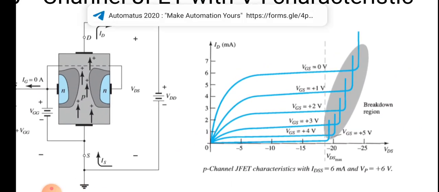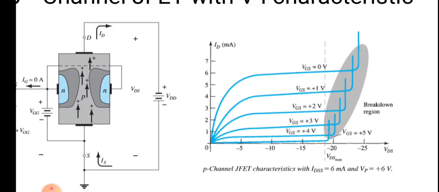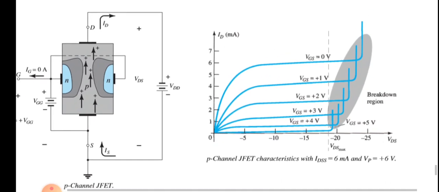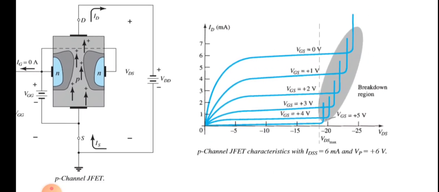But if you keep increasing this potential, then finally, because of the very high potential exerted on the free holes here, they are going to acquire a very high kinetic energy, and finally a Zener breakdown kind of thing is going to take place. So you should operate your FET in the safer region.